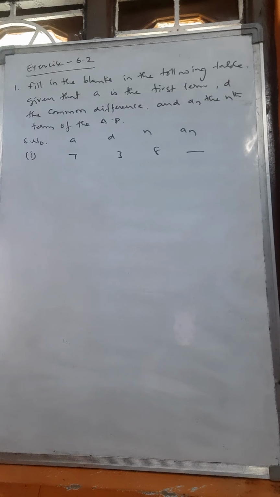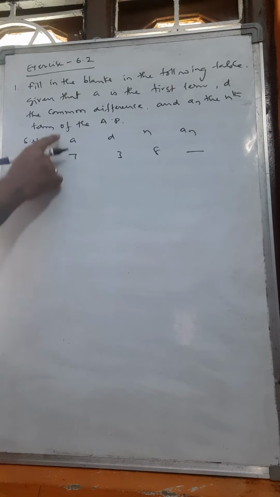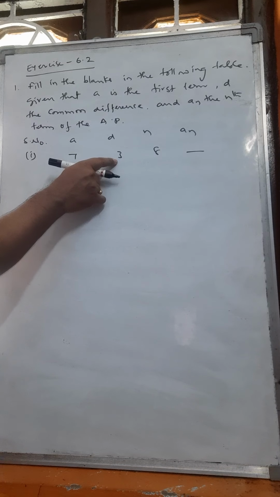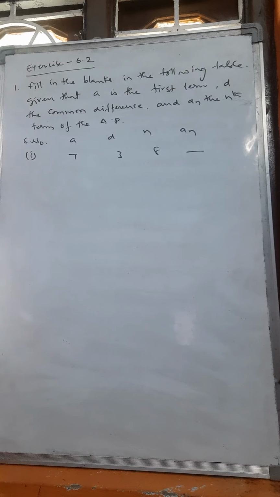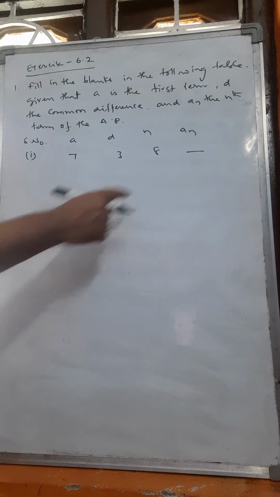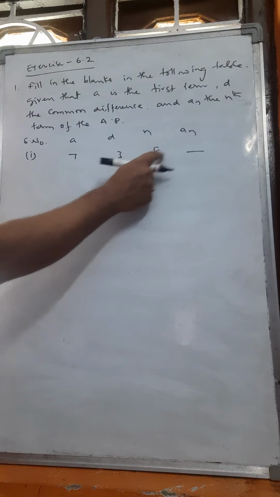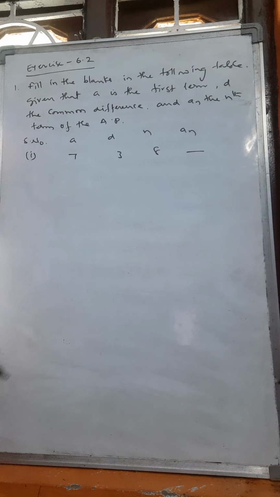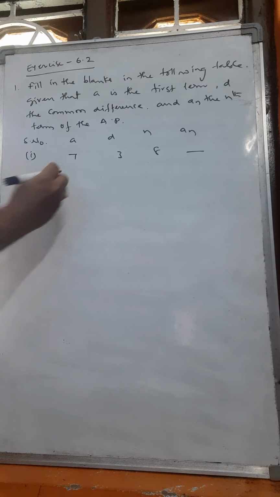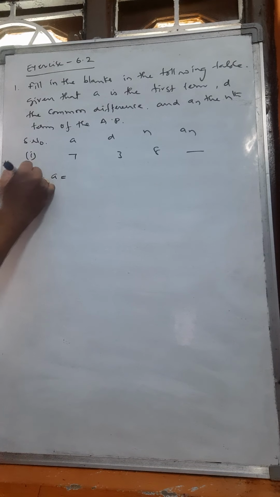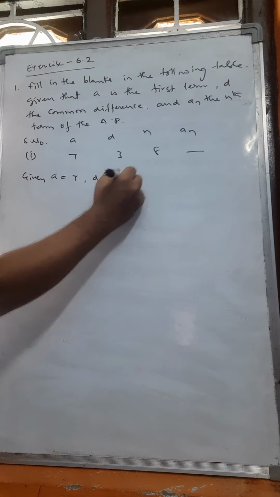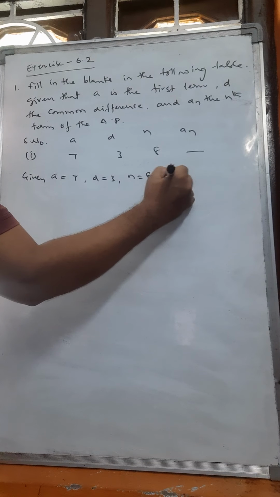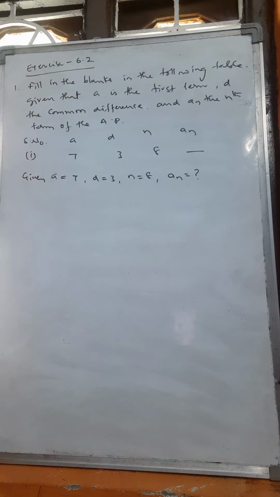From this, given the first term, the common difference, and n, now we have to find the nth term. N means 8, so we have to find the 8th term. Given A is equal to 7, D is equal to 3, N is equal to 8. Now we have to find AN.